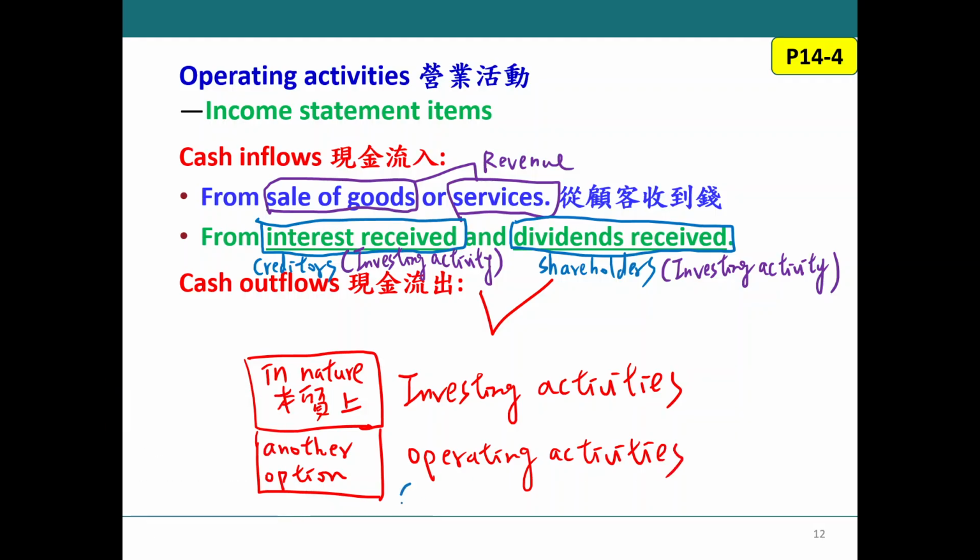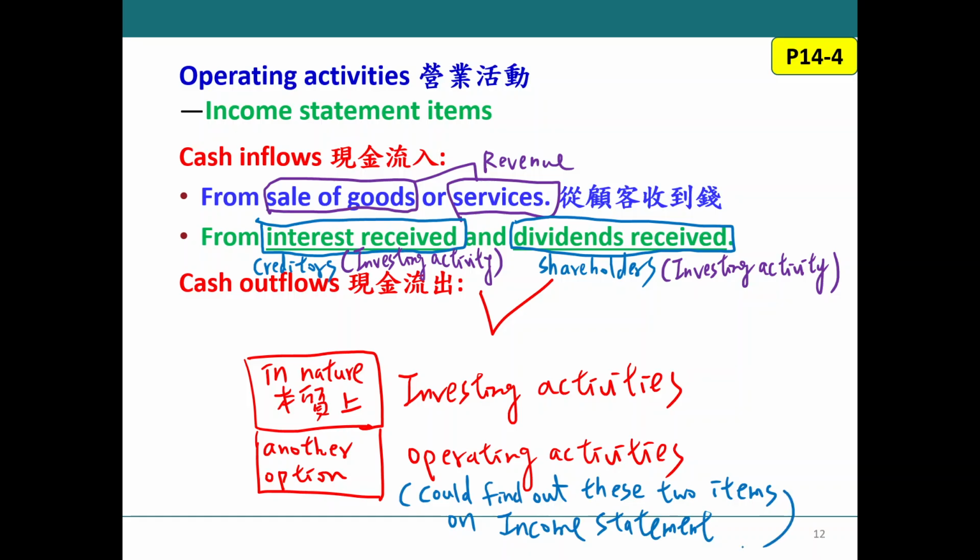Because you could find these two items on the income statement. Okay, any questions? So interest received, dividend received. You could put it into operating or investing, depends on you.